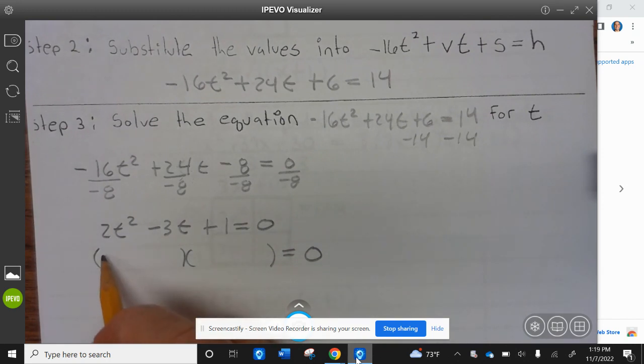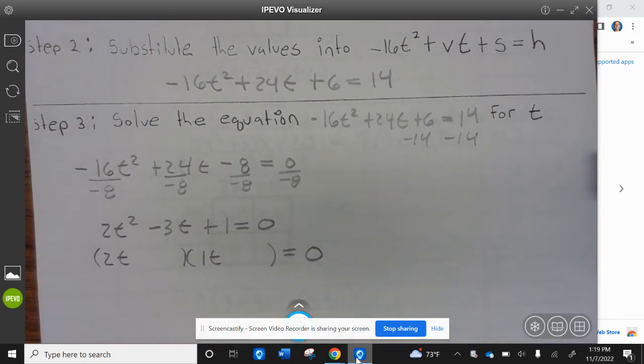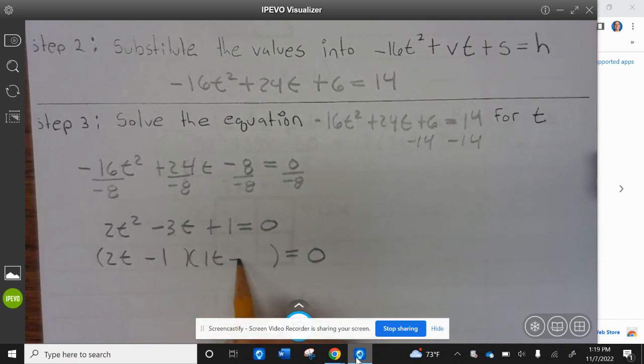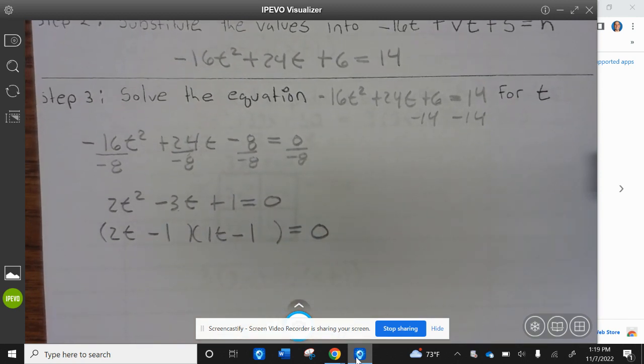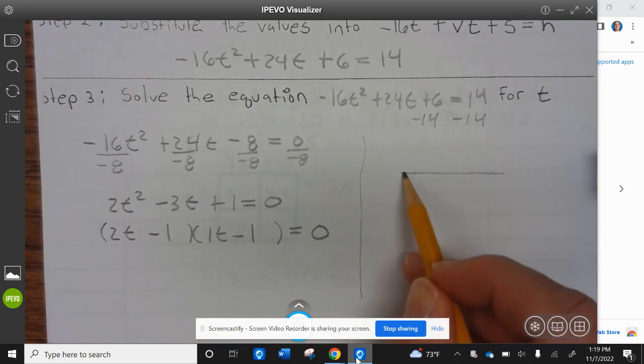Now the only way to get 2t squared is 2t and 1t. And the only way to get a positive 1 and a negative here is minus 1, minus 1. So let's make sure that this works.